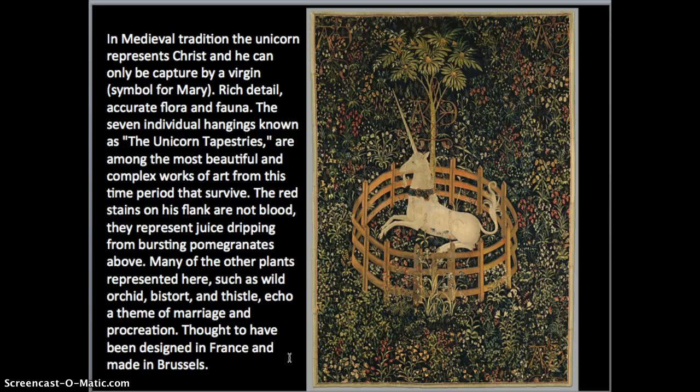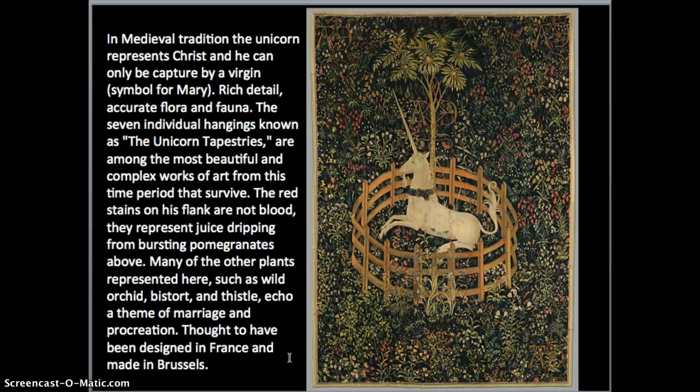Another thing that the unicorn tapestries were thought to represent is fertility, because the plants represented here, such as wild orchid and thistle, were used in the medieval ages to allow people to procreate if they were trying to have kids and couldn't. This would aid them in the process of conceiving.